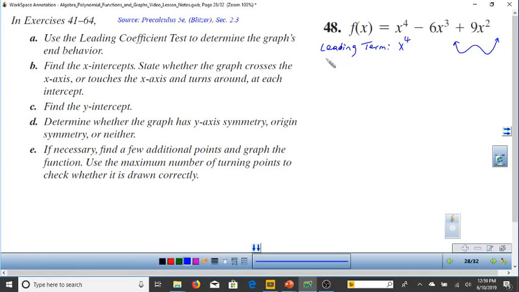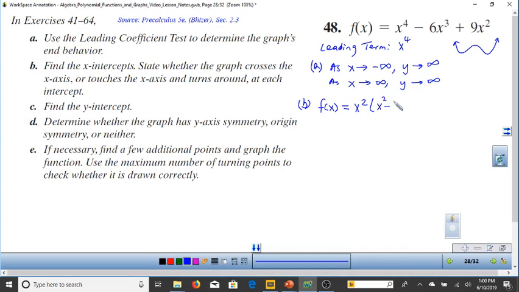And so our end behavior then is as x approaches negative infinity, y approaches positive infinity, and as x approaches positive infinity, y approaches positive infinity. Does the same at both ends. To find the x-intercepts, we're going to do a little factoring. We see that there's a common factor of x squared, and then we have x squared minus 6x plus 9.